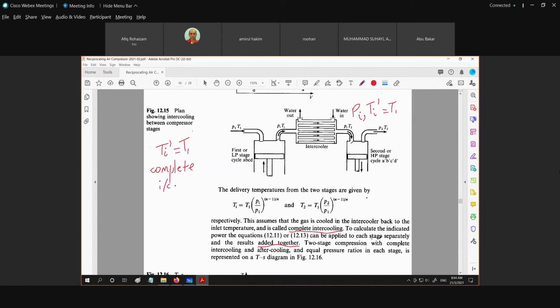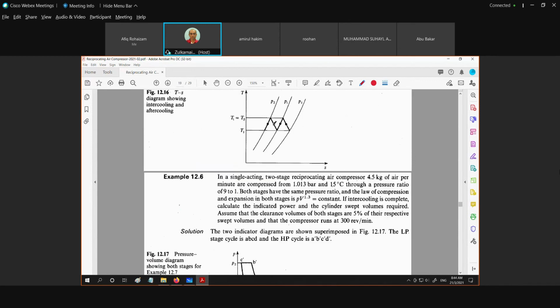Okay. The two compression which complete intercooling and after cooling and is an equal pressure ratio of each stage is represented on a TS diagram. So ini kita punya TS diagram. This one. Nampak? So sekarang ni lihat, this case dia cakap apa? Dia kata di sini this is the first compression. So this represent our first compression dekat low pressure. This represent the intercooling.